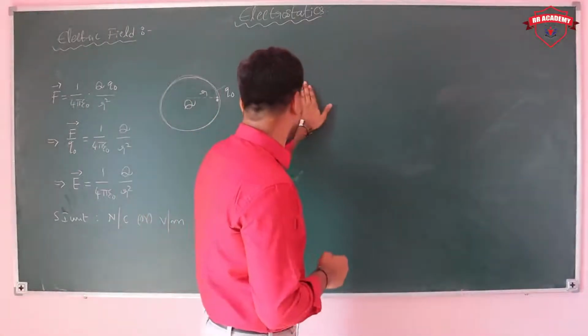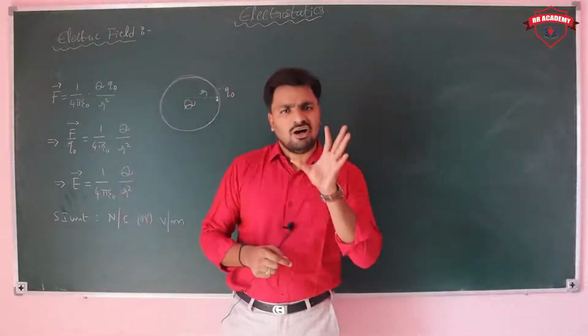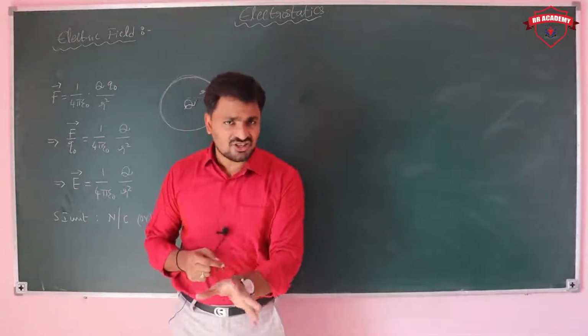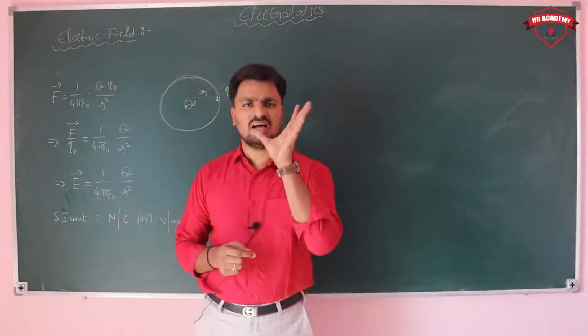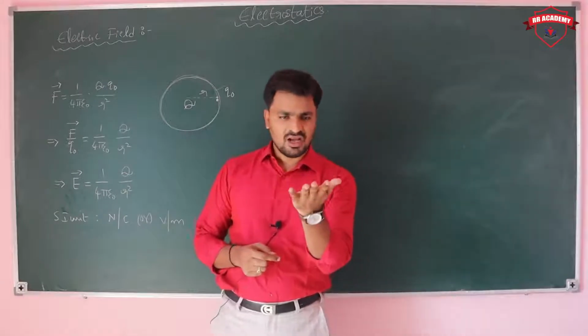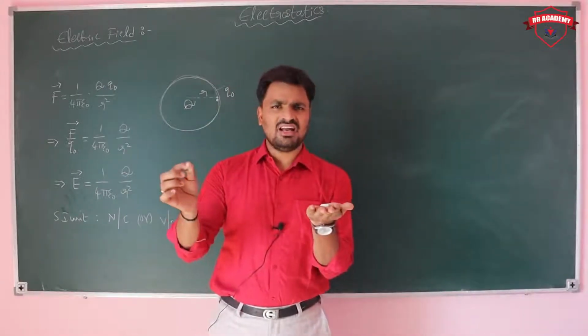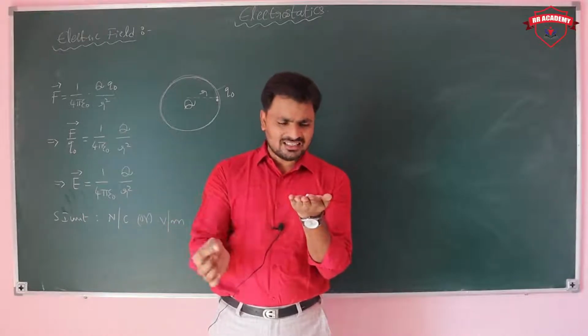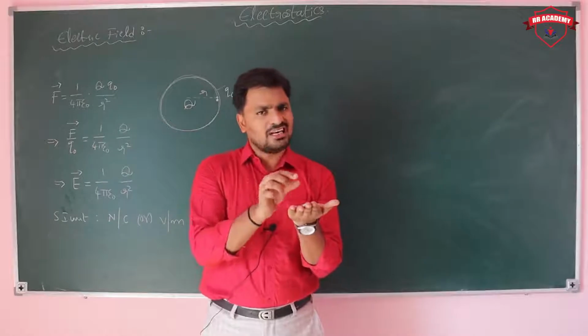So electric field is nothing but the region around the charge, or the boundary around the charge, which can influence another charge. How is it? For example, take a magnet. I am considering a magnetic substance. When that magnetic substance is placed nearer to the magnet, only then can it be attracted.